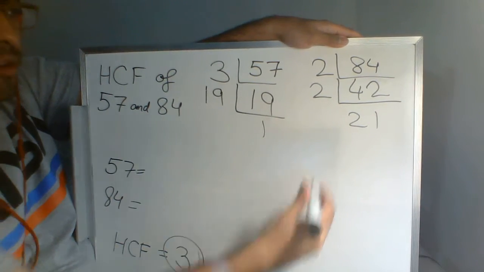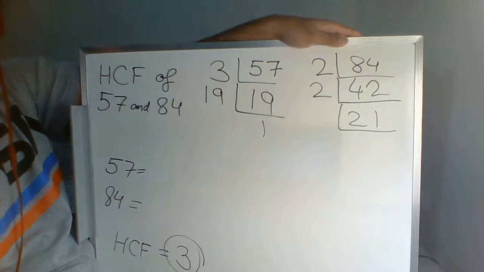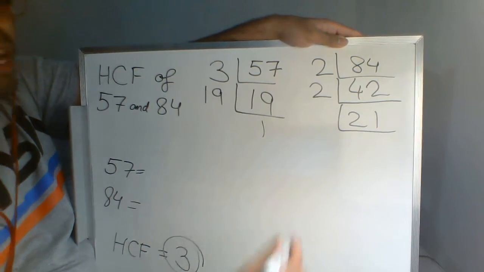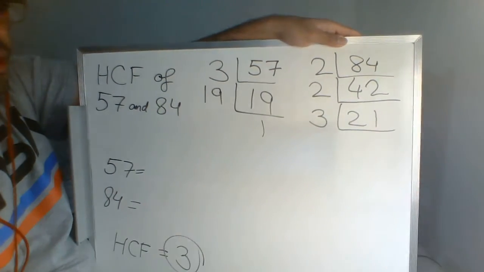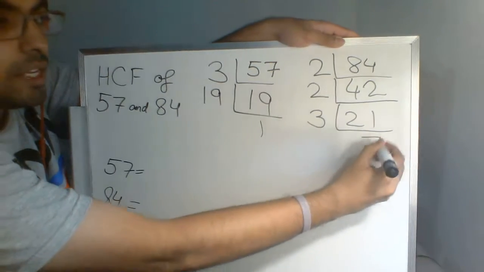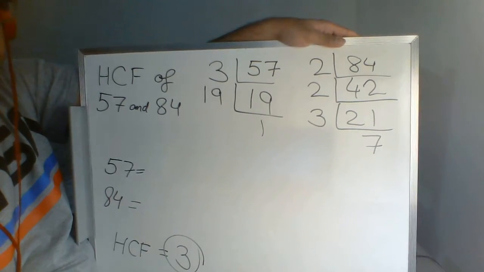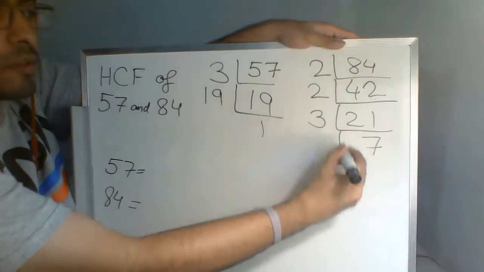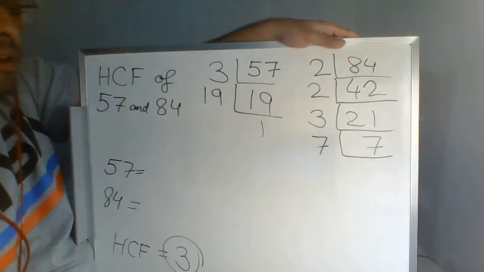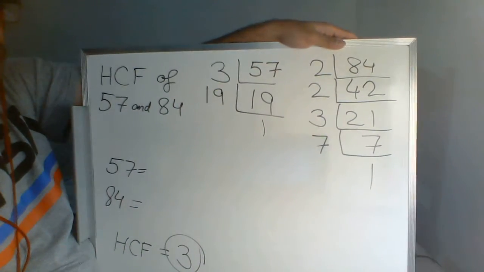And now 21 can no longer be divided by 2, but it can be divided by 3, so we put a 3 here. 21 divided by 3 is going to leave us with 7. And then 7 is a prime number, so we put a 7 over here, and we're left with a 1 on the bottom.